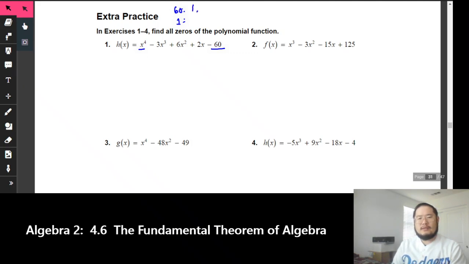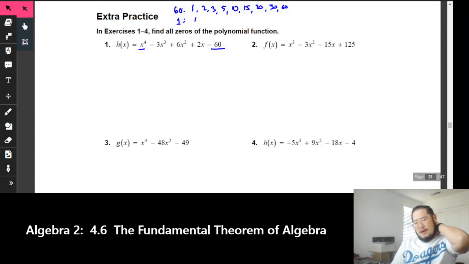Because factors of 60, we have 1, 2, 3, let's see, we've got 5, 10, looks like I think 15 is another, and then we have 20, 30, and 60, right? At least for the bottom, there's only 1.